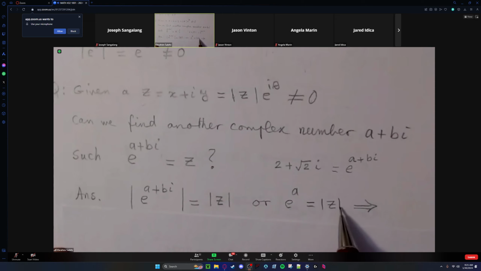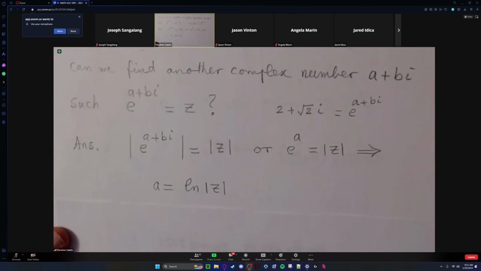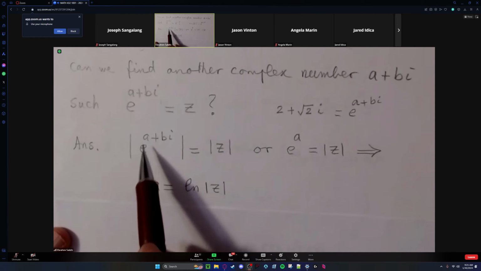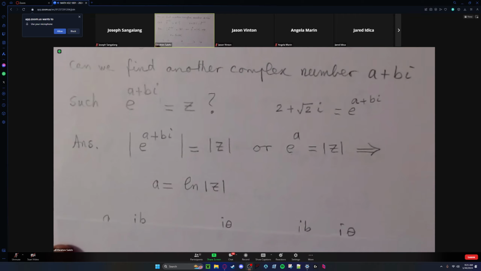You take the natural log of both sides. a will be the natural log of the modulus of z. So we found a, if such a thing is possible. Next, after finding a, we know that e to the a is going to be natural log of c.